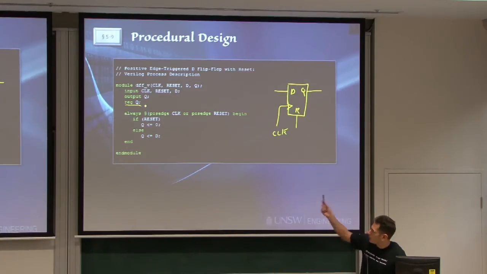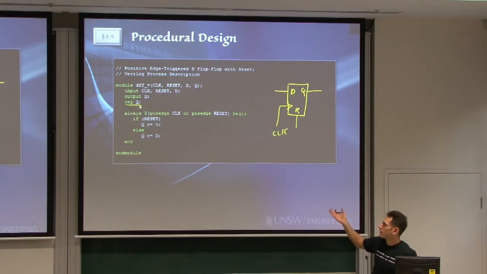And now that we've done those declarations, this whole thing will be based on a process inside there. When this thing is alive, it'll just sit there and do absolutely nothing until something triggers this always block.